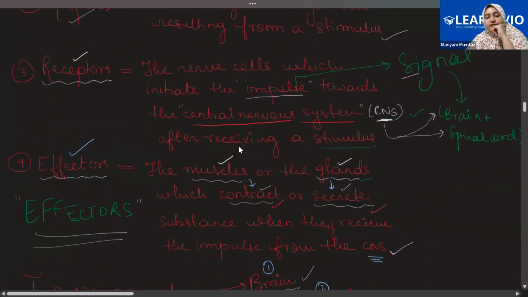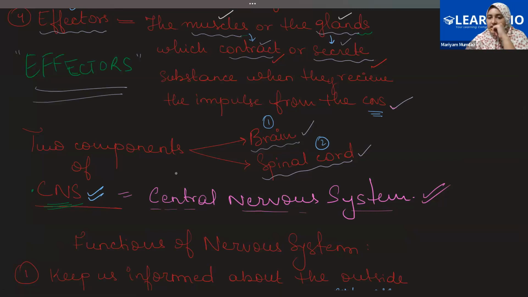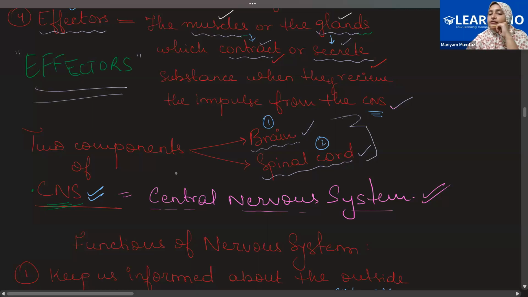Okay, moving forward. We talked about our central nervous system. Our central nervous system has two components. It has the brain and it has the spinal cord. These are the two most important components that are responsible for regulating our entire body physiology.